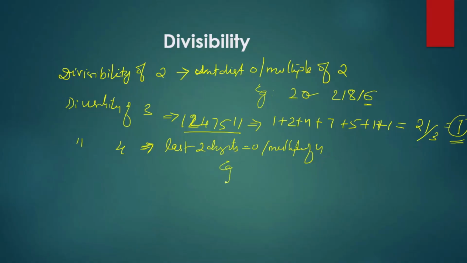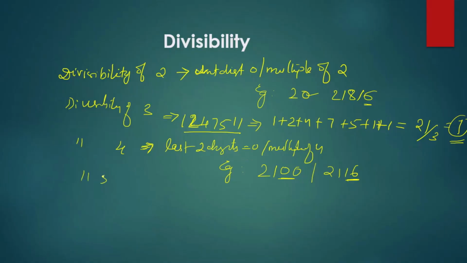For example, 2100: the last two digits are 0, so this number is divisible by 4. Or 21616: the last two digits are a multiple of 4, so the whole number is also divisible by 4.